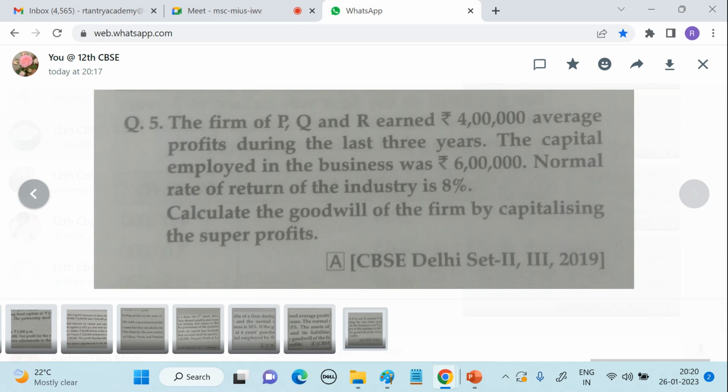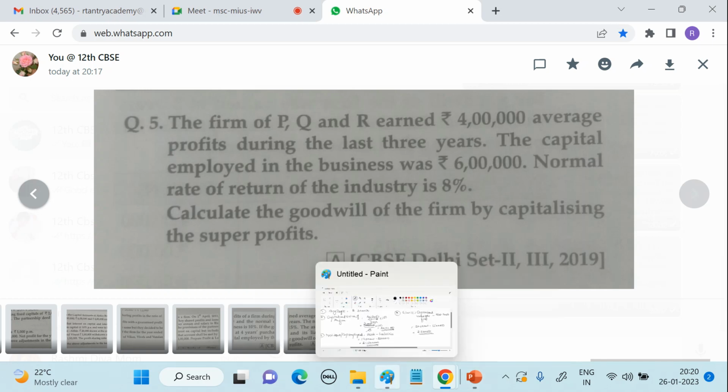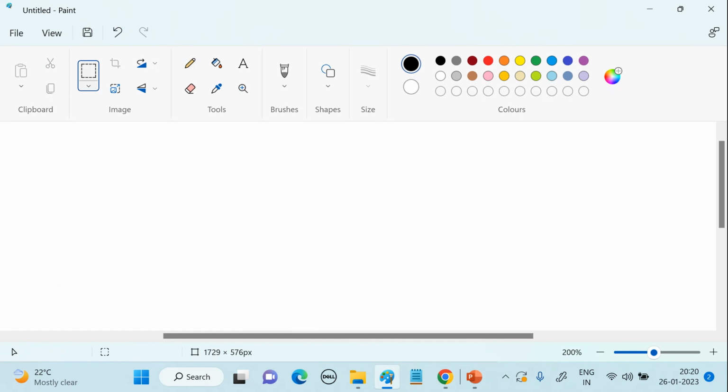So we are doing now a question on capitalization of super profit method. We have done capitalization of average profit method. We have done the super profit method. Now we are doing a question on capitalization of super profit method. So let's start. Write down the details first here.